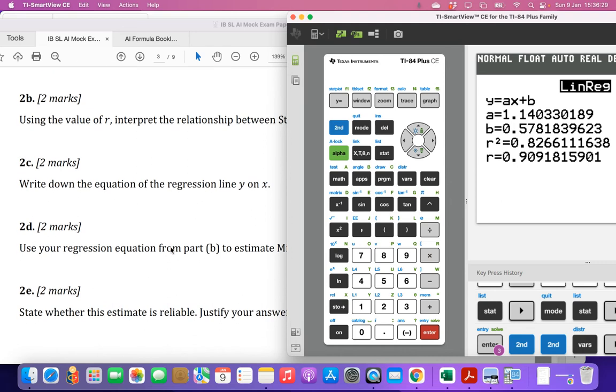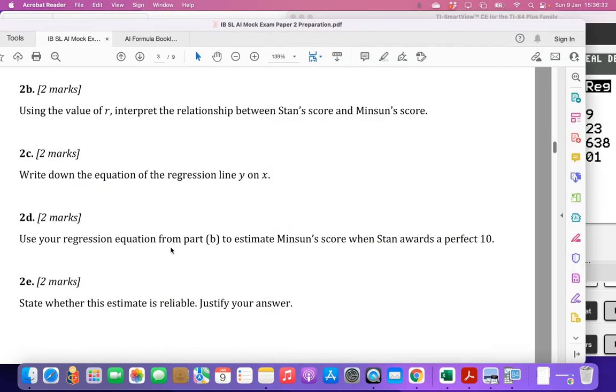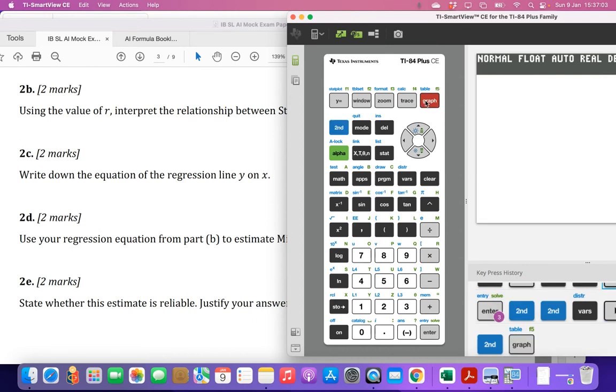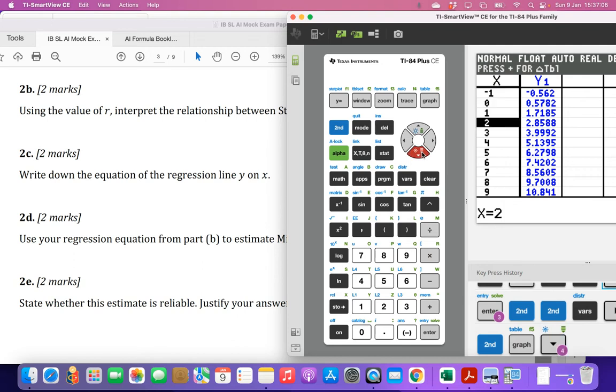Again, we could do another kind of regression, see if we get a better result. But we're going to use that to estimate Min Sun's score, which is y, when Stan awards a perfect 10, which is x. So we're evaluating the function above at 10. So I get 11.4 plus 0.578. I think I get, in my head, 11.978.